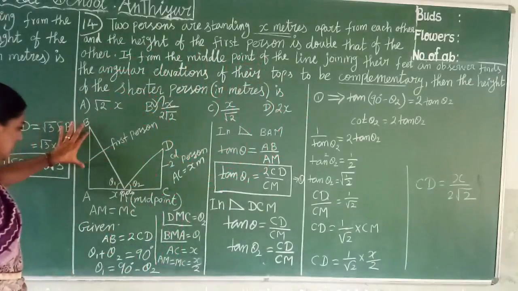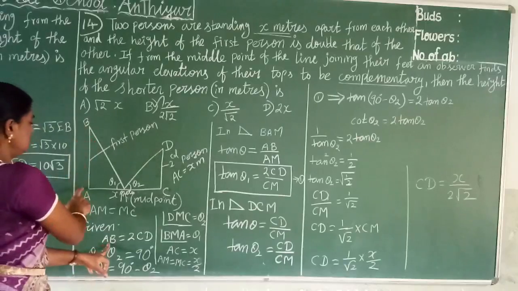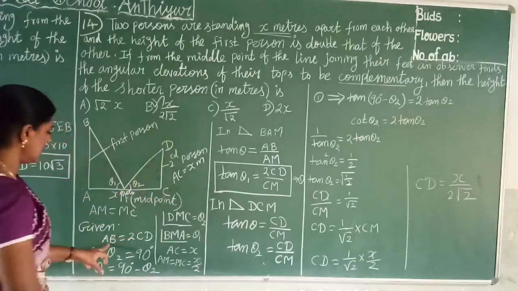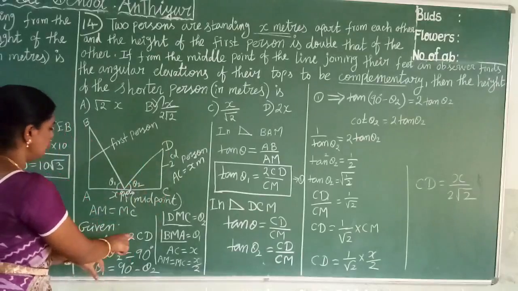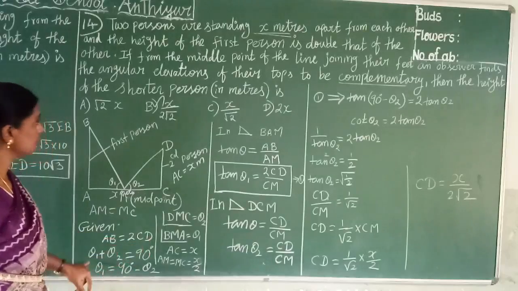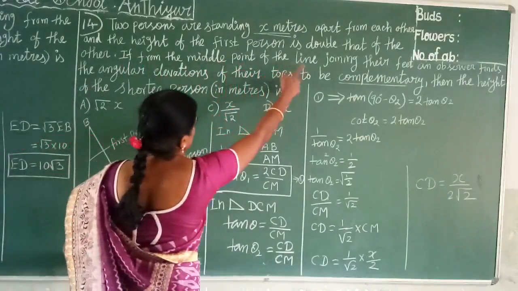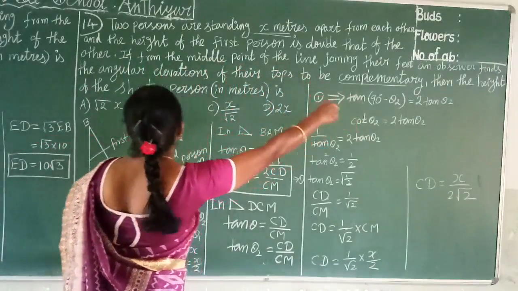So AB is the first person and CD the second person. Here AB is equal to 2 CD, double means 2 into CD.